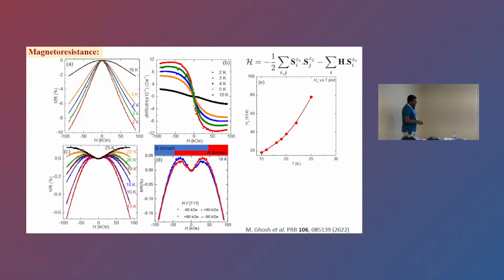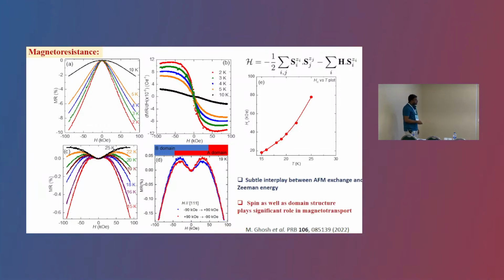So some spins will flip and make some other magnetic structure, and there will be an imbalance of the domains, both A and B domain. In the positive field region the A domain will be maximized, whereas in the negative field region the B domain will be maximized. That gives us a finite hysteresis between field upsweep and down sweep.